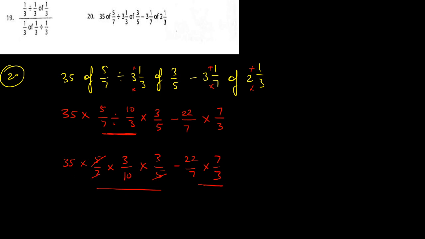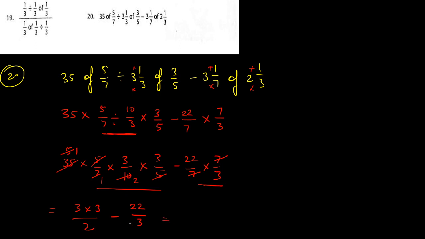Then 7 ones are 7, 7 5s are 35. 5 ones are 5, 5 2s are 10. So finally 1, ignore all the 1. So 3 into 3 upon 2, then minus, now here 7 cancels, 22 upon 3. So this you have got.